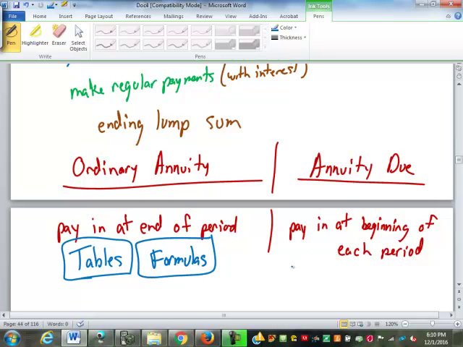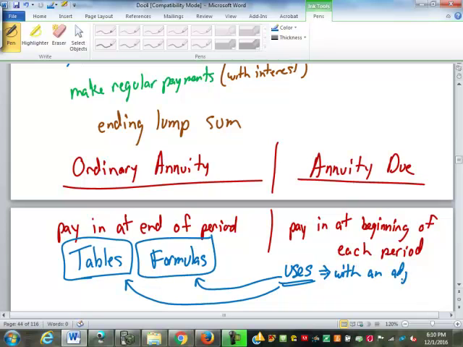An annuity due uses the tables and the formula with an adjustment factor. All that adjustment factor is figuring in the interest for an extra period.